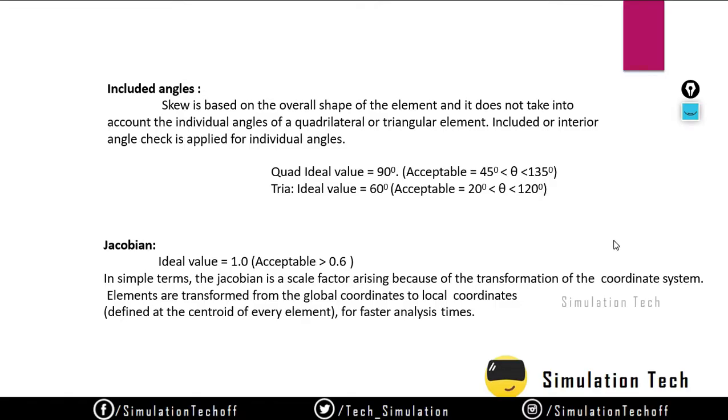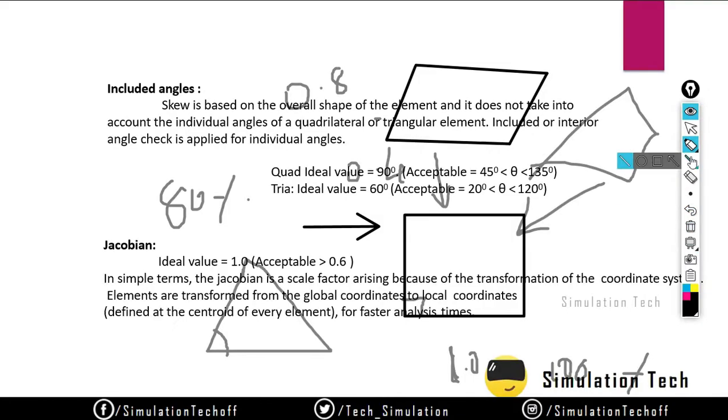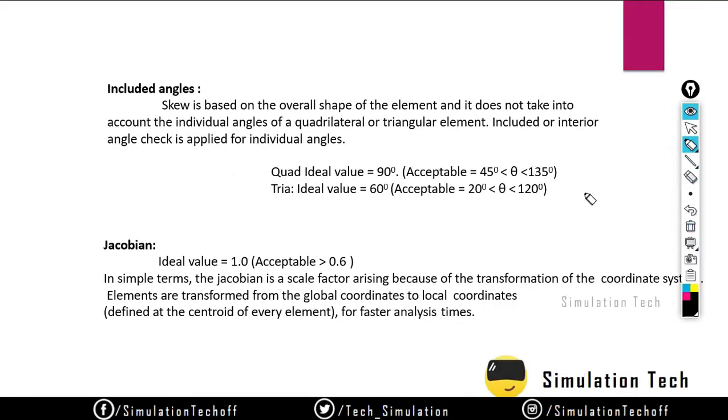What is the minimum and maximum range? For a quad, it should be greater than 45 and lesser than 135. This angle, I'm talking about this. If we have a rectangle, the interior angle should be 90. Ideally it should be 90, the minimum value should be 45, and the maximum should be 135.